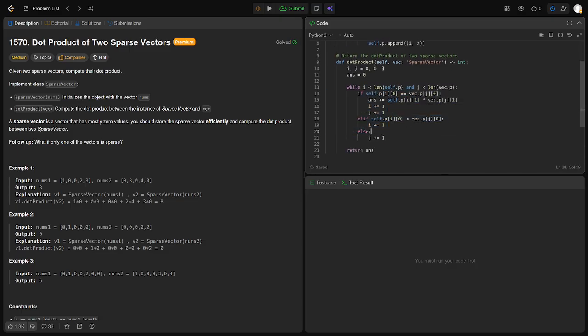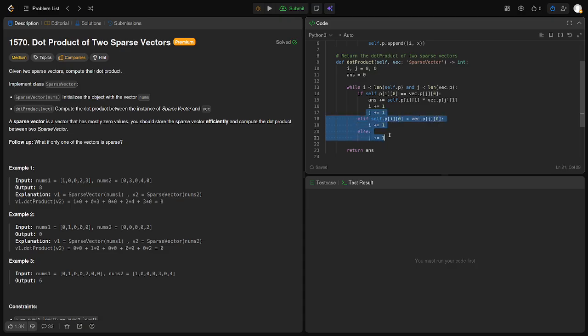Basically we have two sparse vectors, one pointer to one sparse vector and another pointer to another, and we check indices. If indices of the elements are the same, we add to the answer and move both. If it's smaller in the first one, we move to the next element so that it is possibly equal with the current j element.